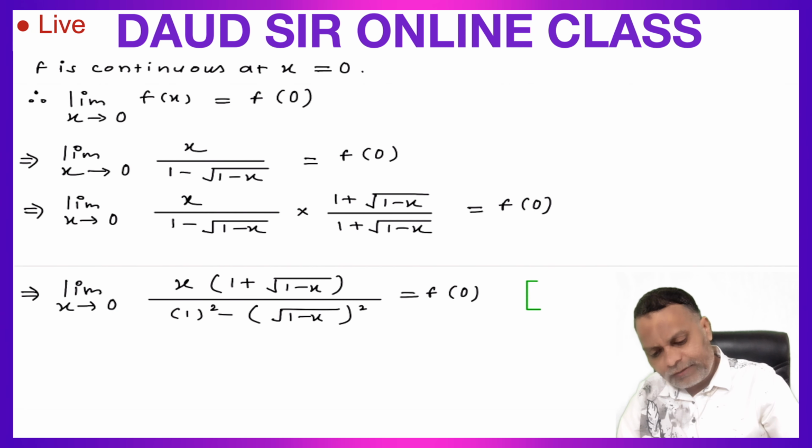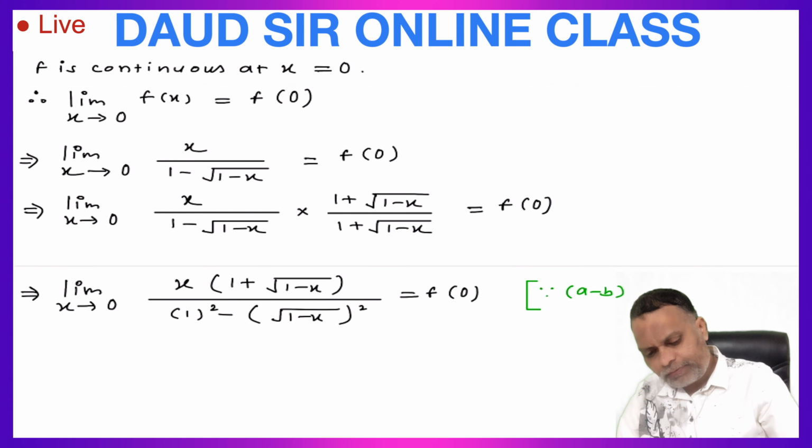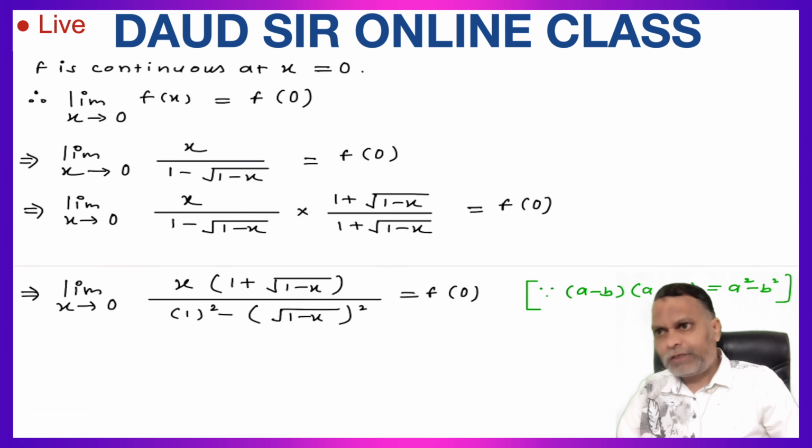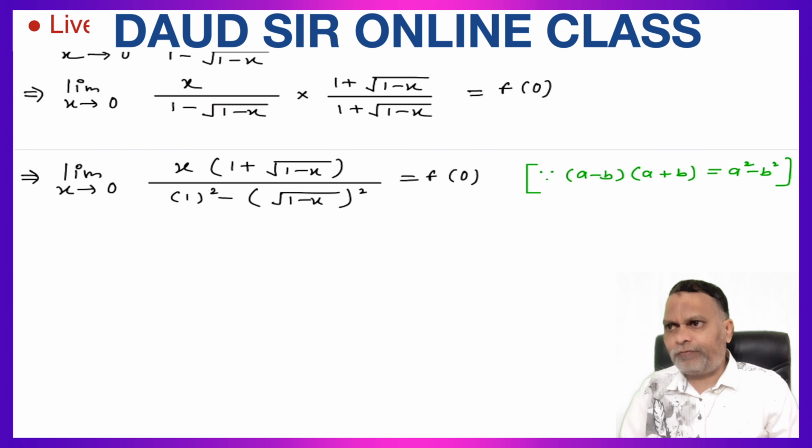Here we applied this algebraic identity, a minus b into a plus b is equal to a square minus b square.